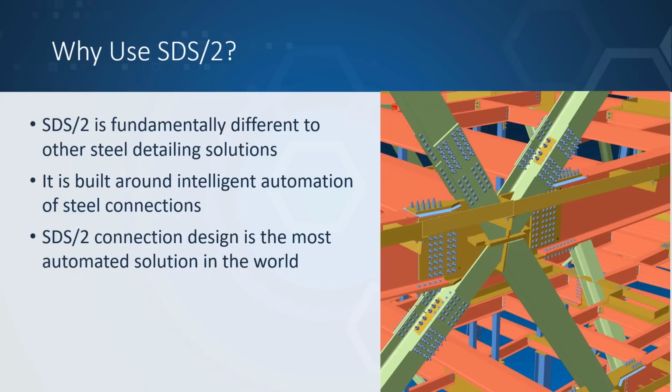The SDS2 connection design is the most automated solution in the world, so we haven't found any other solution that is able to automatically look at the code base that you're using and go off of all of your setup options, put in your loads, and then automatically figure out how many rows of bolts, what connection to use, and then back it up with the design calculations. The drawing requirements are very minimal for the cleanup, and we offer additional services too. You may not be offering connection design services at this moment, but SDS2 does make that possible if you're looking to expand in the future.